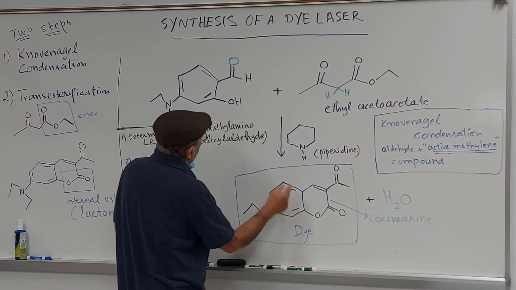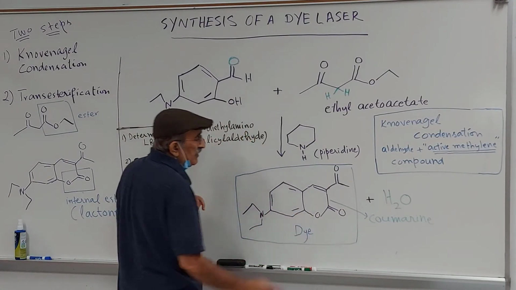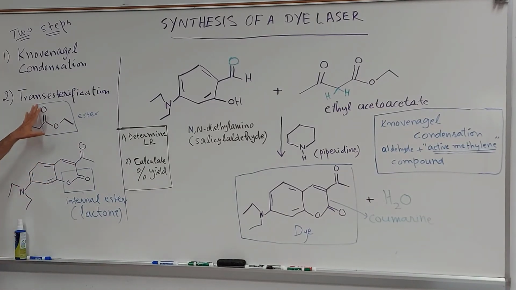Now, as I said, the phenolic OH also participates in the reaction, in this part of the product molecule. So what is a trans-esterification reaction? This is any reaction in which one ester group is substituted by another ester group. See here, this is not a cyclic ester, this is an open chain ester. This is also an ester group, however it is present in the ring, and therefore it's a cyclic ester.